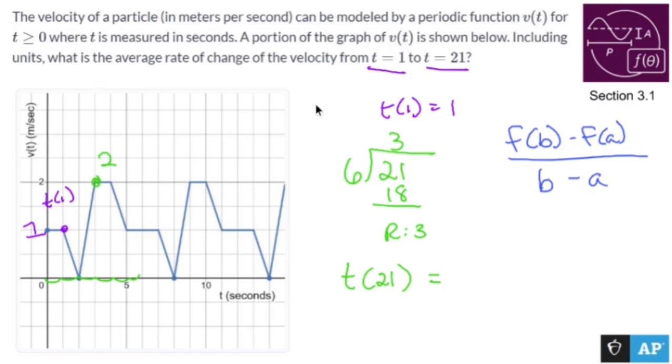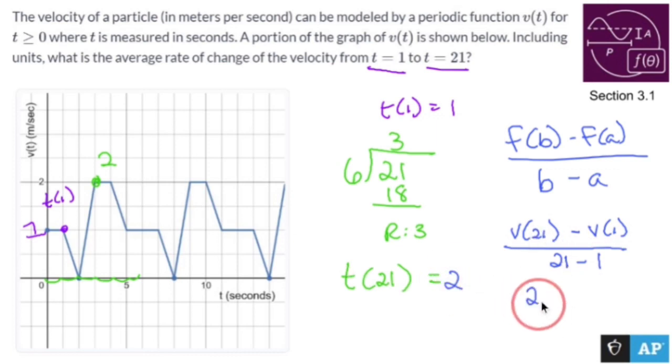So it's going to be v of 21 minus v of 1 over 21 minus 1. V of 21 we already said is 2. V of 1 we already said is 1, over 21 minus 1 is 20.